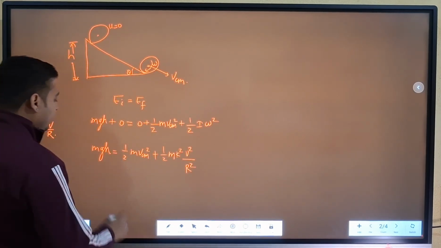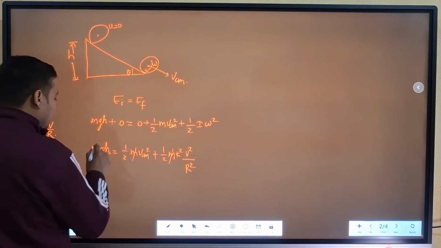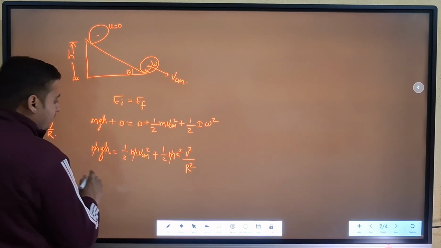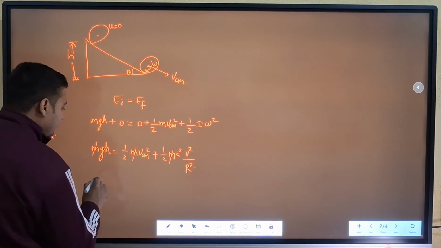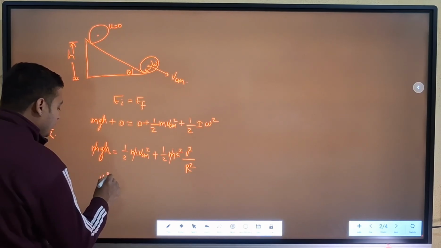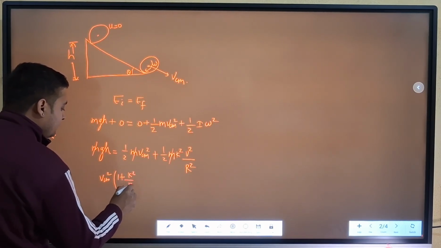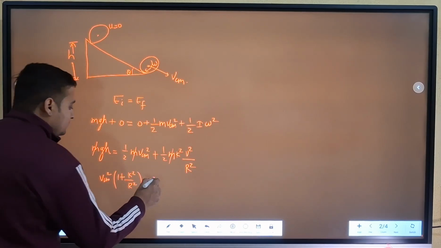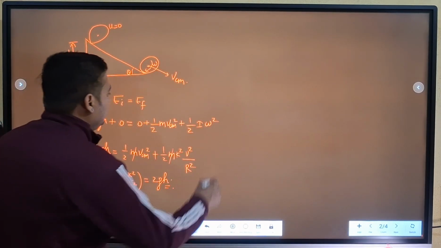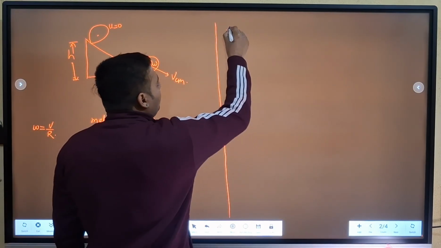On the left side m is there, on the right side m is there, so m will be cancelled. 2 is common, so from here we can write 2gh equals vcm square times (1 plus k square by r square). And from this we will write the velocity here.